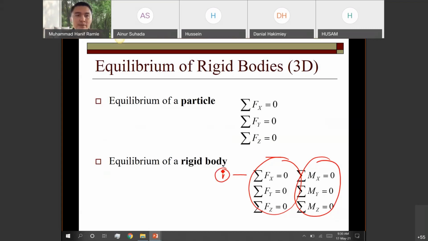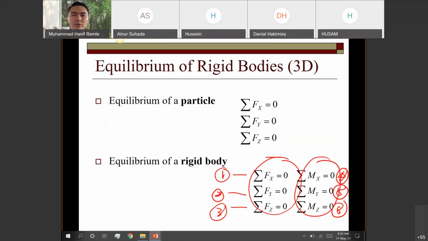The second equation, Fy equal to 0. The third equation, Fz equal to 0. Then the fourth, the fifth, and the sixth equations. This is what I mean by the equations.